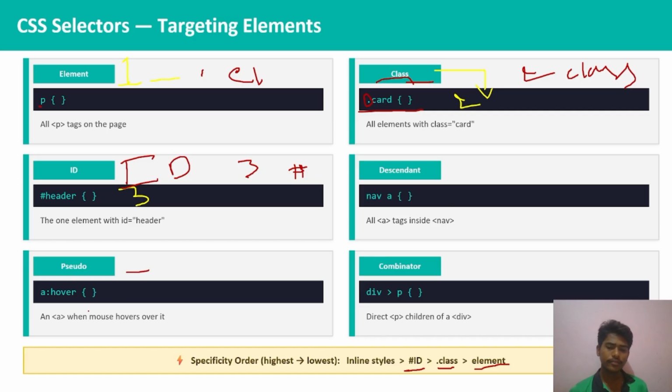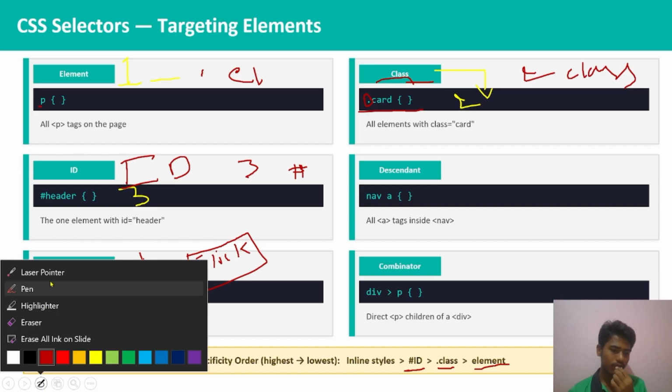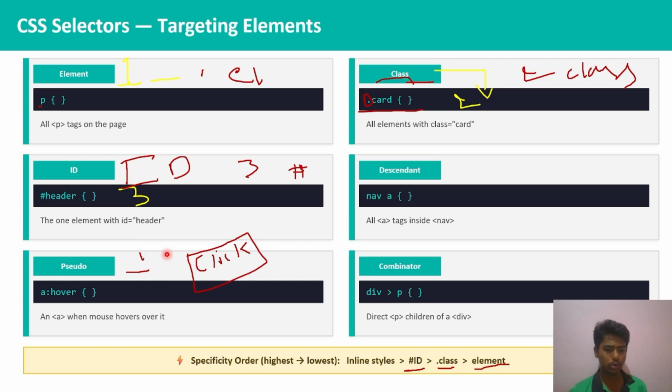Here, pseudo. What does pseudo mean? A colon hover: a when the mouse hovers on it. Hover simply means, let's think it is a click button. Let's think it is a mouse.